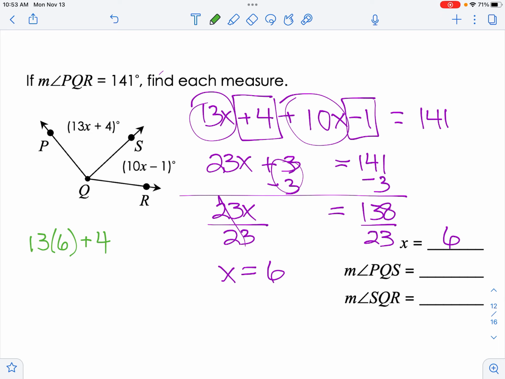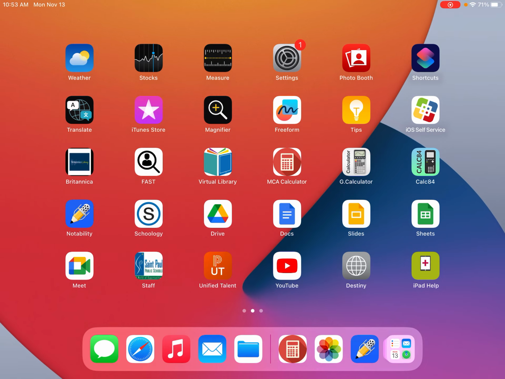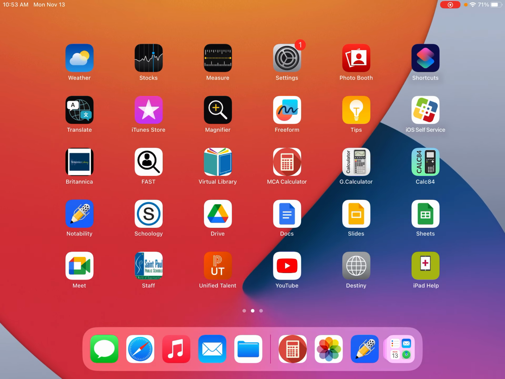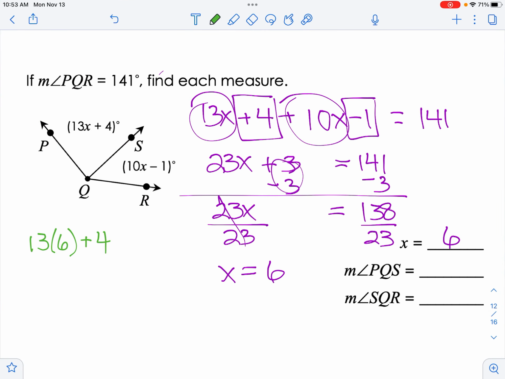Let's go to our calculator. 13 times 6 is 78, plus 4 gives me 82. Remember, this is degrees, so I want to put my degree symbol on it. This angle is 82 degrees.